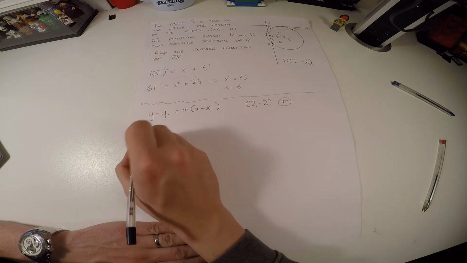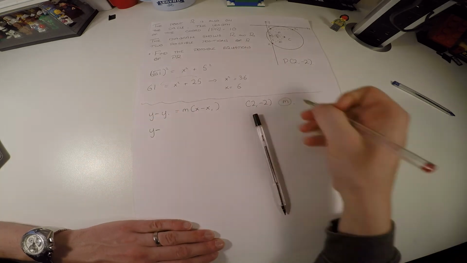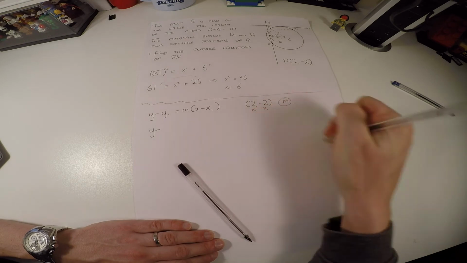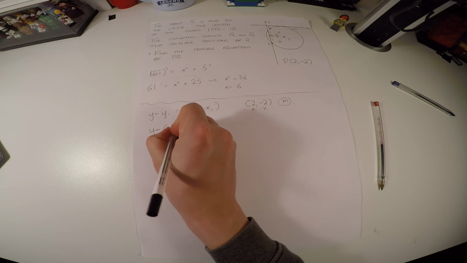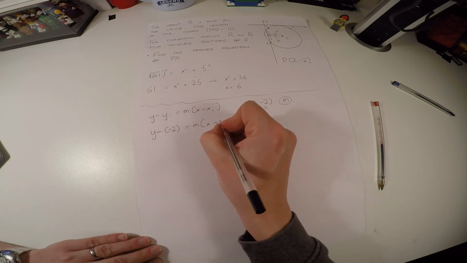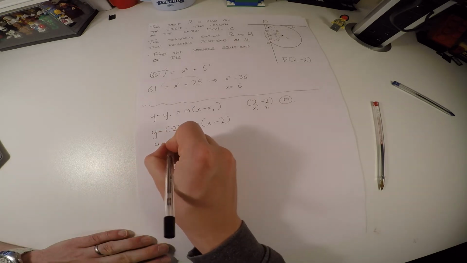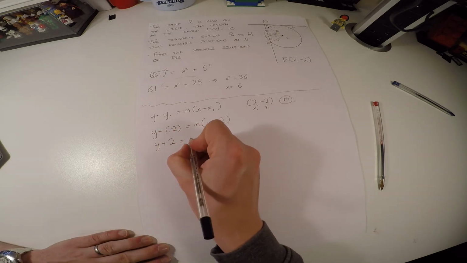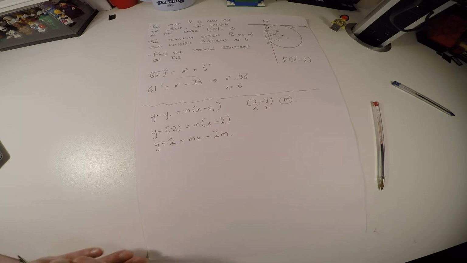So our actual equation is going to have y minus y1, that's y minus (-2), is equal to m times (x minus x1), which is x minus 2. So that's y plus 2 is equal to mx minus 2m.